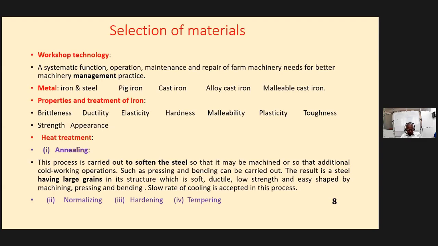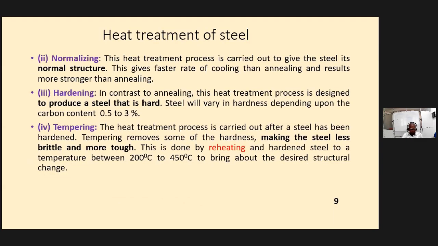Normalizing. This is where we achieve the normal structure, that is normalizing, but the cooling is very fast, therefore it slightly hardens the metal. Then the third stage, hardening.